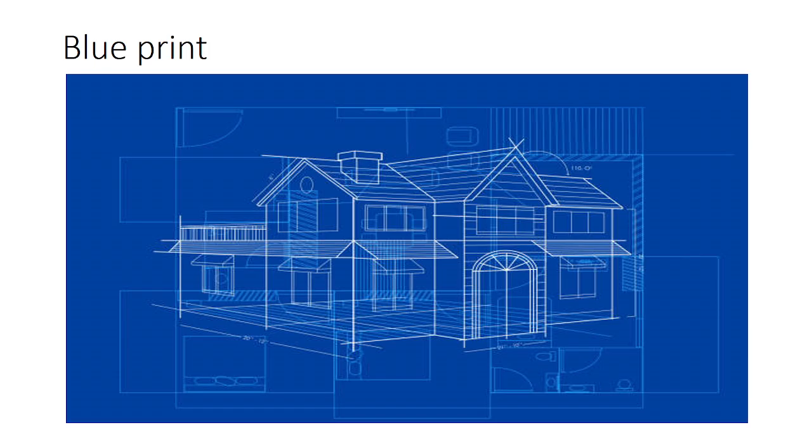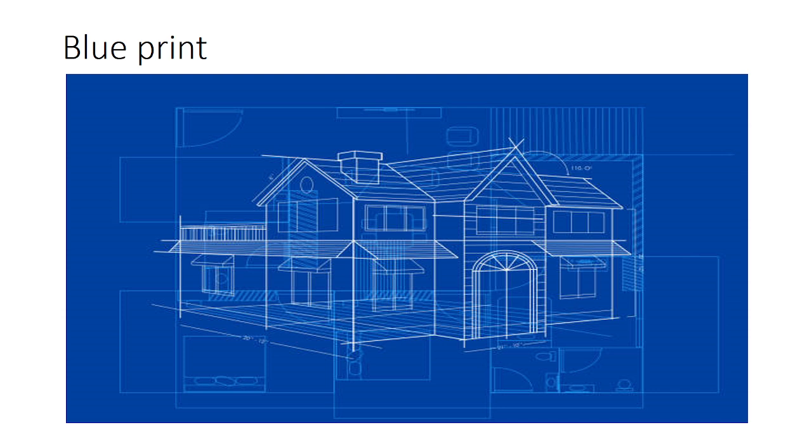Class is a blueprint. In the blueprint, what does it contain? Details. What details? The entrance should be like this, the house should be like this, windows should be like this, the angle should be 120 degrees, based on civil sense. Like that only, they will come to a blueprint.